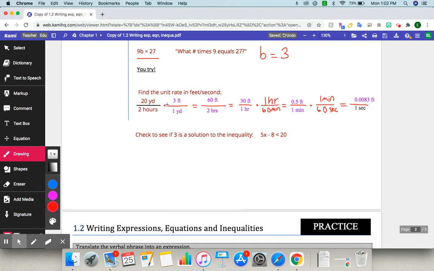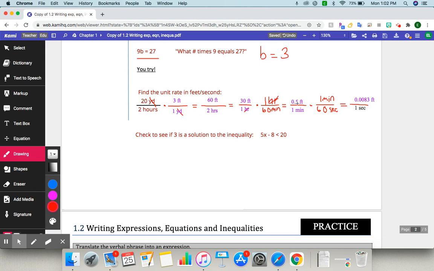So in this first problem, you are converting yards per hours to feet per second. So I did actually convert yards to feet before making this a unit rate, but you'll find that this still can work out. So I multiplied by 3 feet per yard so that the yards units divide out. I got 60 feet every 2 hours. I then simplified that to a unit rate of 30 feet every 1 hour. I then converted hours into minutes by multiplying by the ratio 1 hour per 60 minutes.